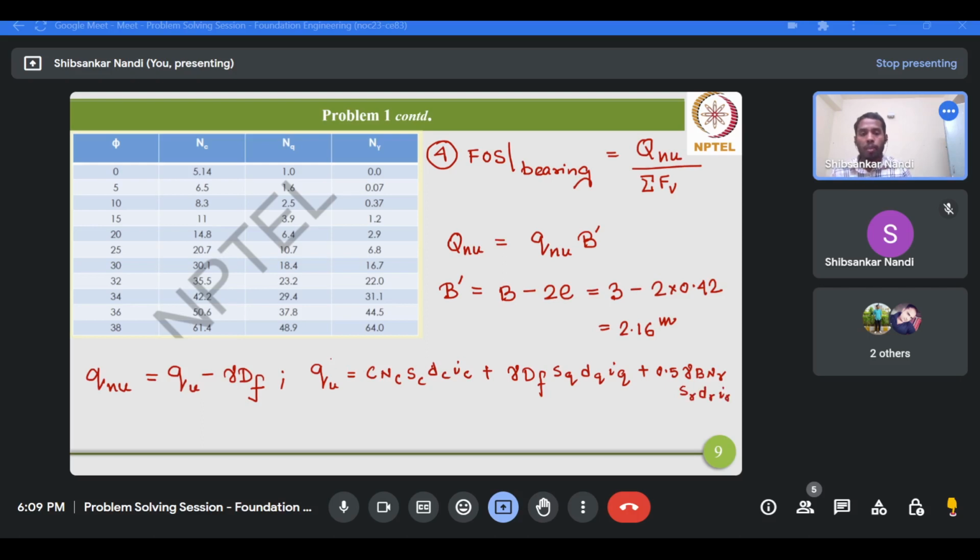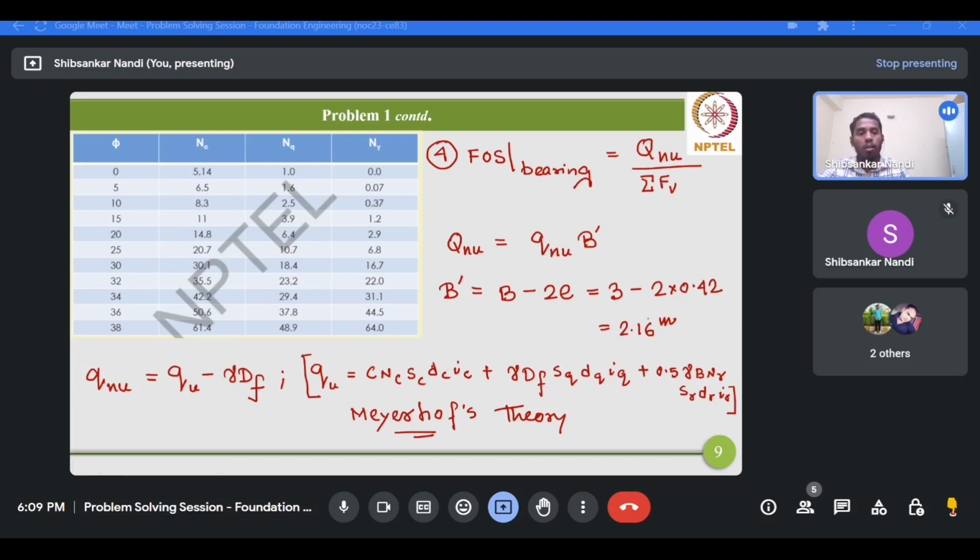Okay, so this is the expression for ultimate bearing capacity, and we are considering Meyerhof's theory. Though you can go for any other theories also which are available to calculate the net ultimate bearing capacity of a footing.